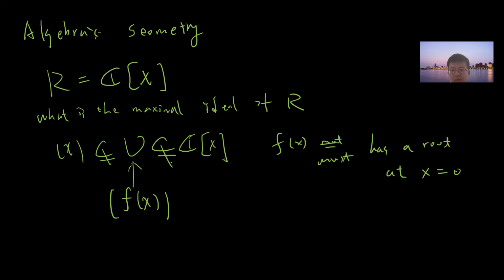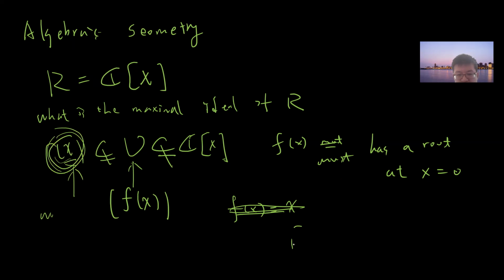You might think that your f(x) can be chosen to be, for example, x times (x minus 1), but the problem is that this is not allowed, right? Because you need to contain the whole of (x), right?